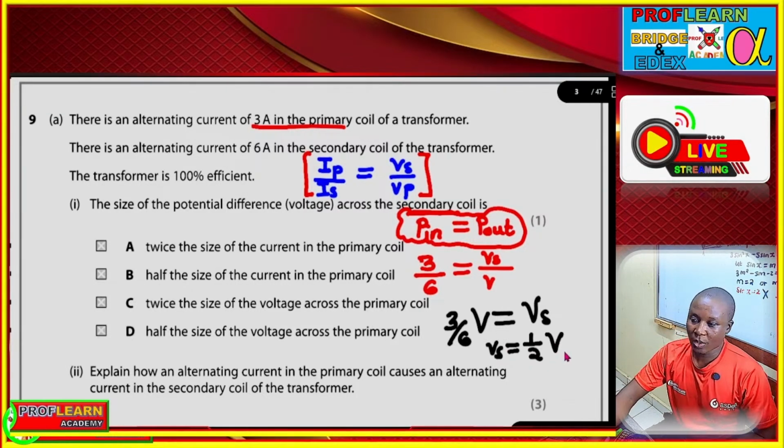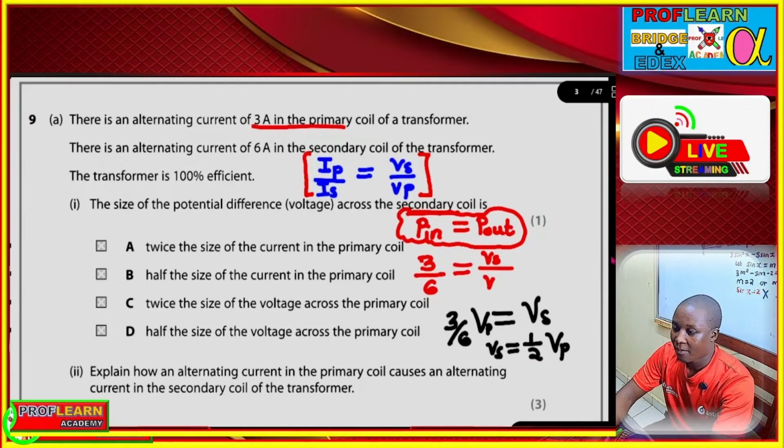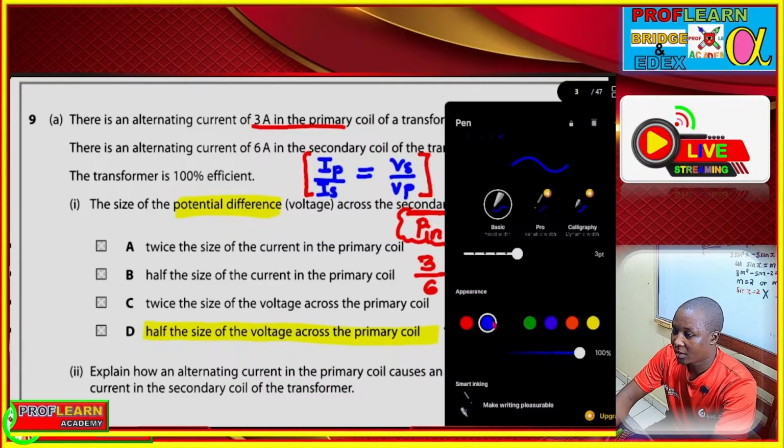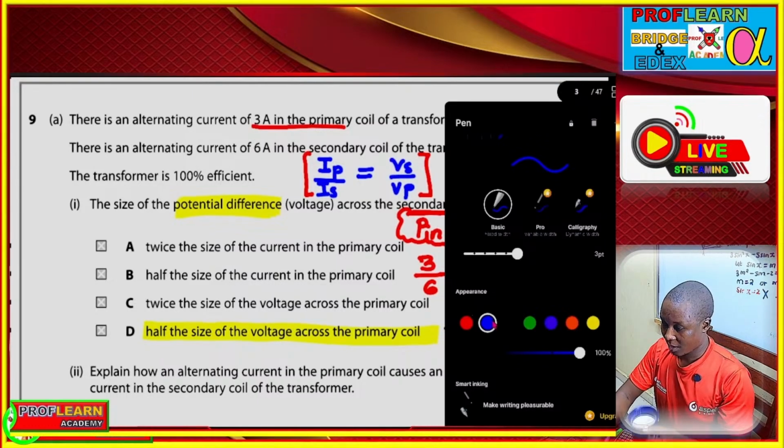So basically that's what we are going to do here, and we can take that to be option D.